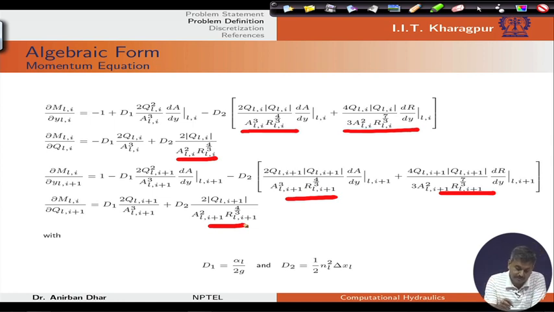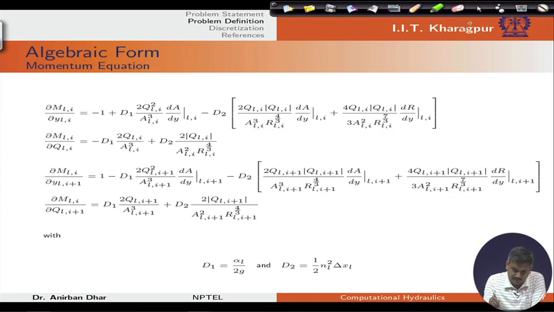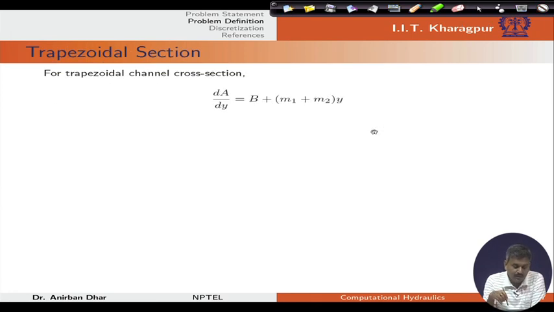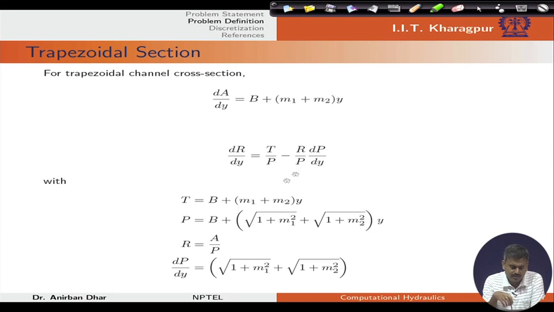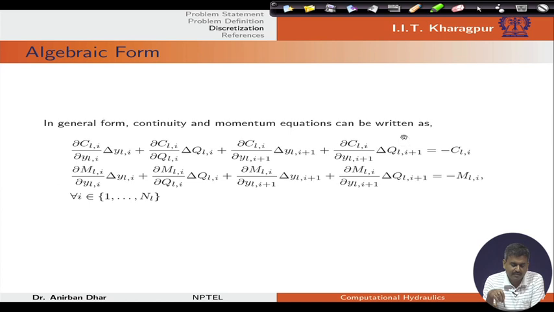For a trapezoidal channel section this is dA by dy, but we are considering M1 and M2 as 0, so obviously this will be B dy by dy. So we will get a simplified equation for the rectangular case.